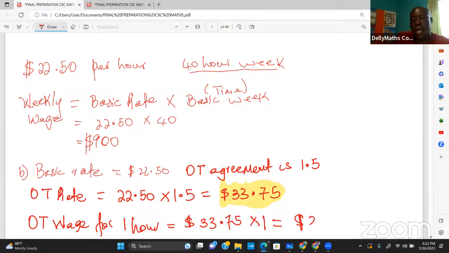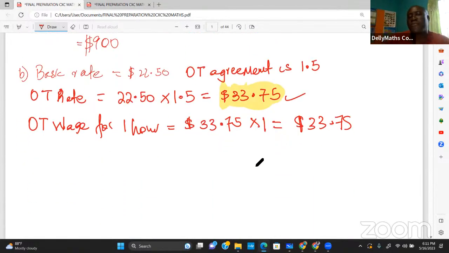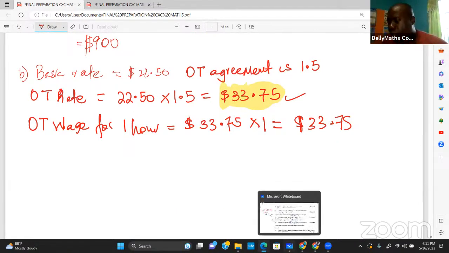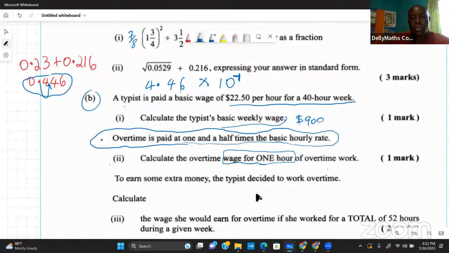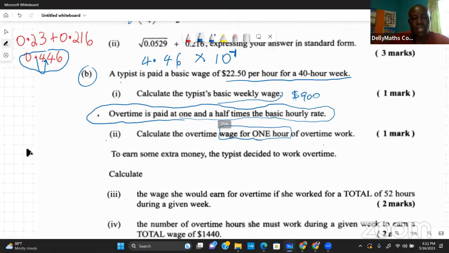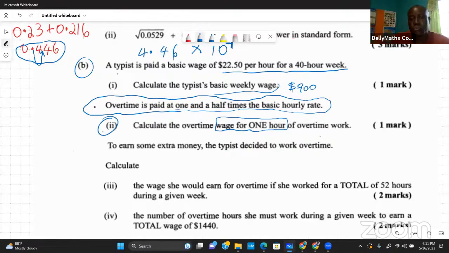I did 1 hour, I'll get that alone, right? So that's what you're getting on overtime. That's the overtime rate. 1 hour of it, we get that money, all right? So it's very straightforward looking at what you have to do. Take your time when you're working these, all right? Try not to make any error as you go, right? All right, so there it is.